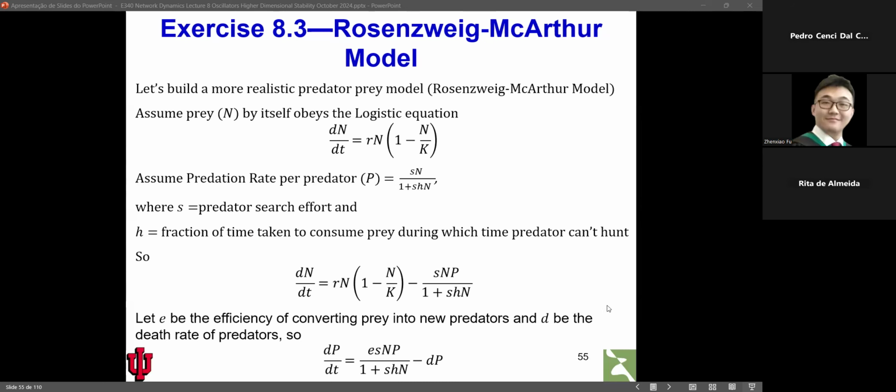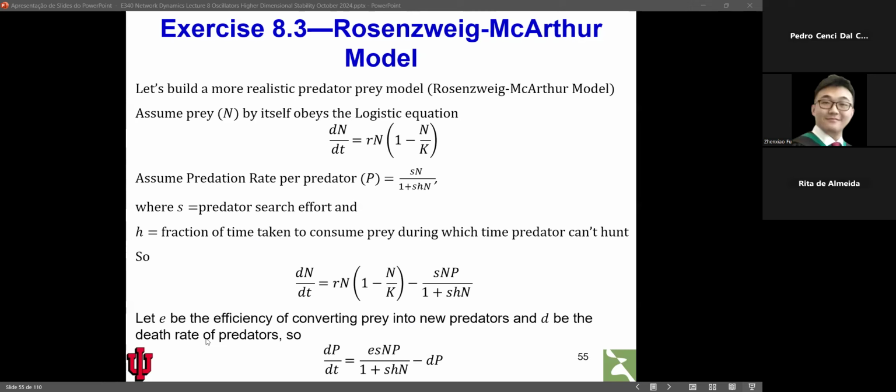And for the predator, the number of predators is going to increase depending on how much it can eat. So E is the efficiency of converting prey into new predators, because if the predator eats some prey, it's going to be able to reproduce and increase the size of its population.